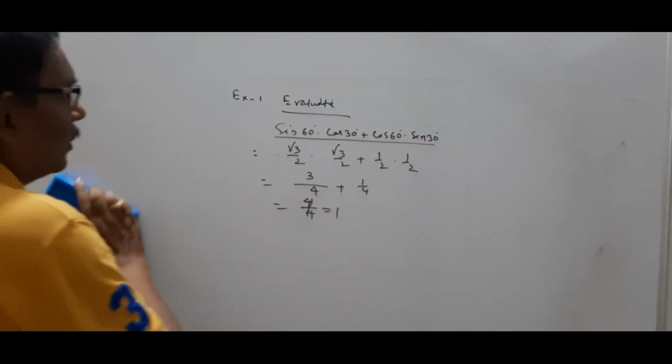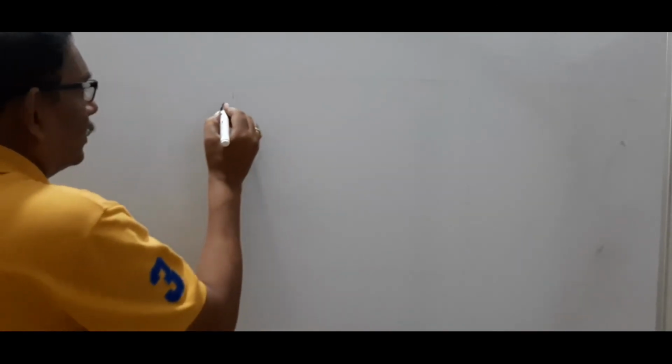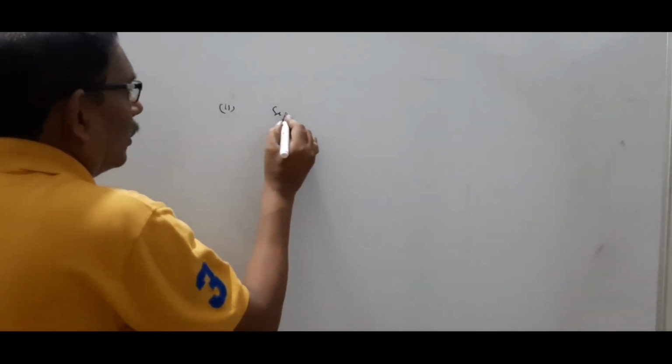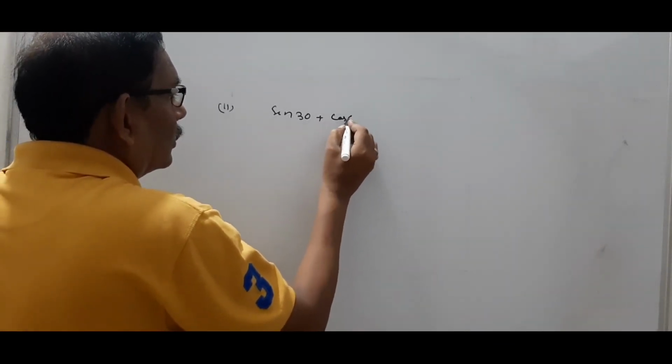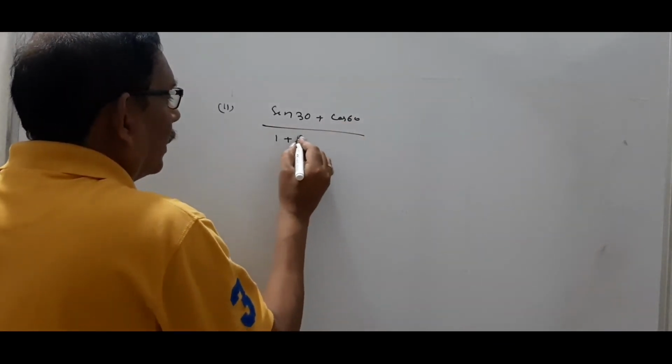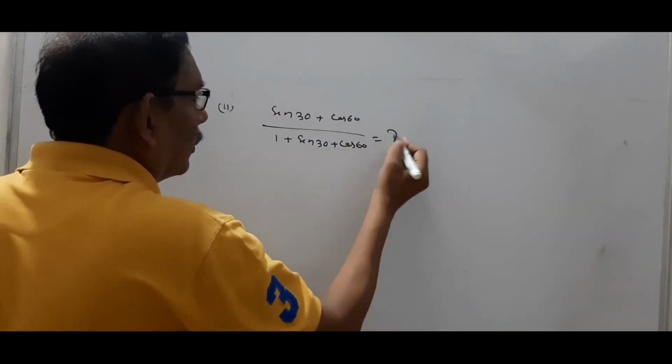Take another example based on angle. 1 by sin 30 plus cos 60. What is the answer?